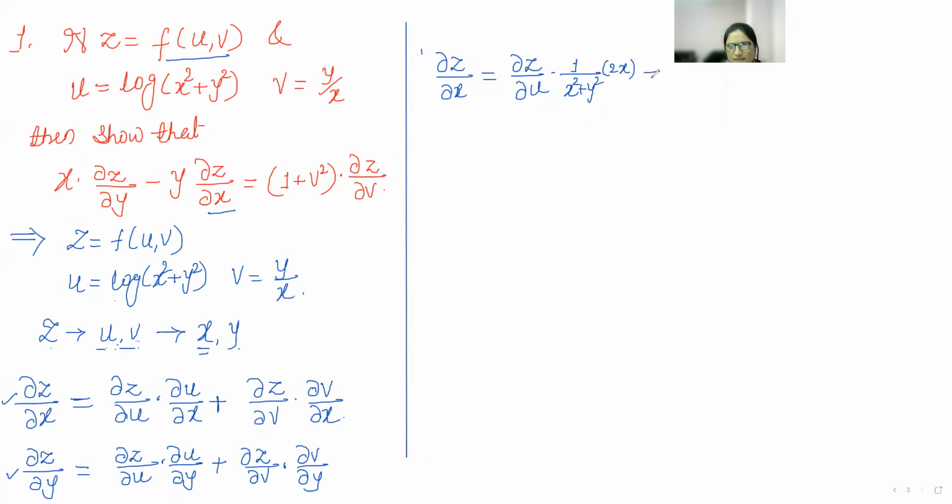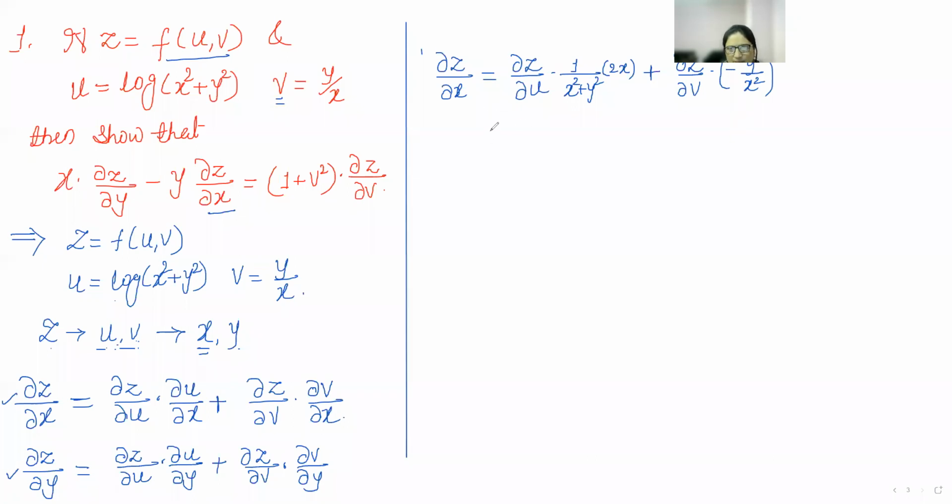Plus again this dou z by dou v keeping as it is into derivative of v with respect to x. So it is minus y upon x square. It is partial derivative, isn't it?